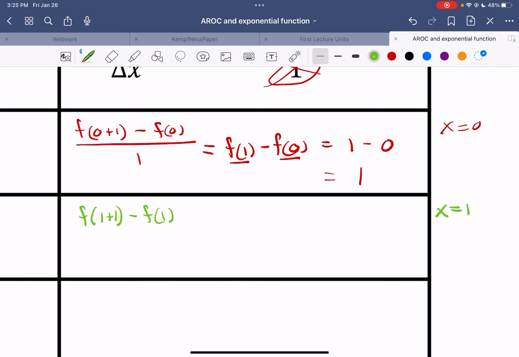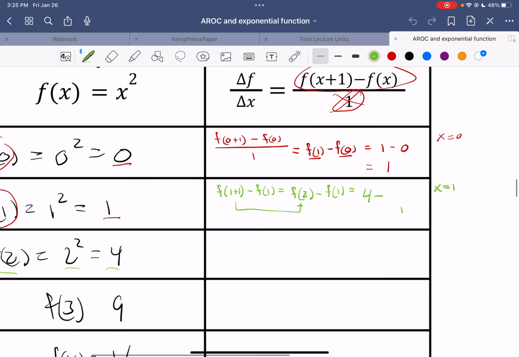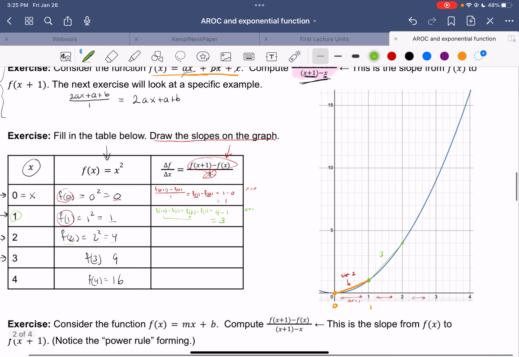That's what I care about. All right, so what's that? That's f of 2, right? Do that, minus f of 1. Now we're ready to use our function. So what is f of 2? f of 2 is 2 squared, so that's 4. Minus, what's f of 1? It's 1 squared, that's 1. So we get 3. And yes, that's exactly the slope we were supposed to get for that, right?